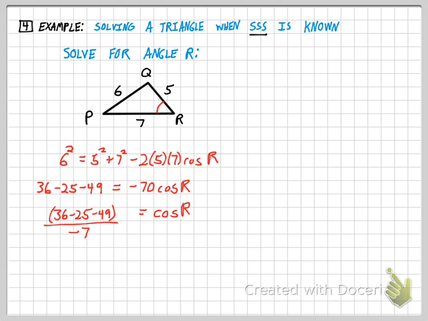And when I do the inverse cosine, I end up with angle R equals, and I think this ends up being 57.1 degrees. Okay, again, take your calculator out, make sure you get that as your answer. You've got a you-try coming up just like that, so you want to be able to make sure you can solve that.